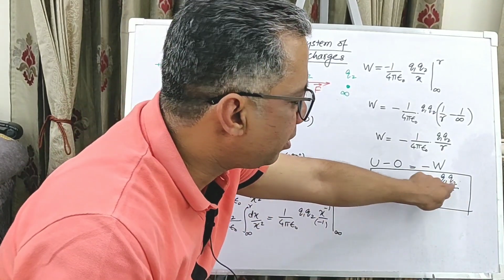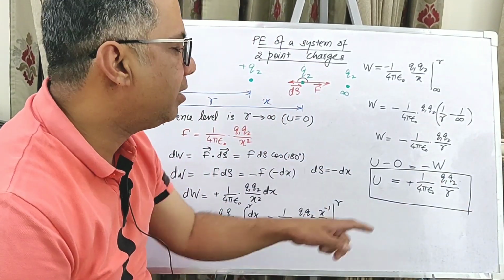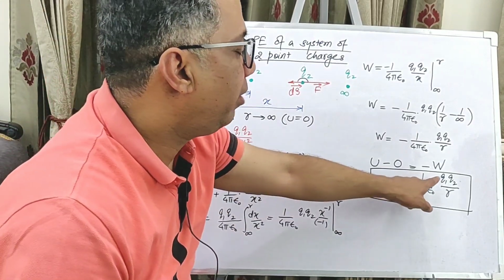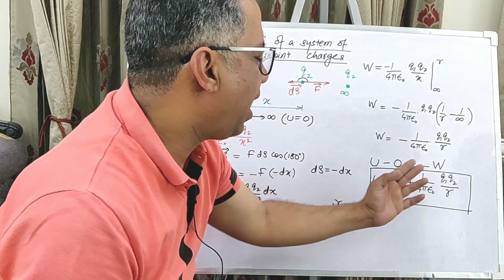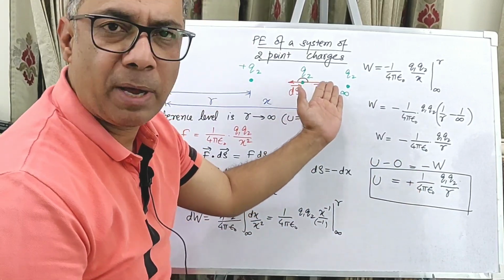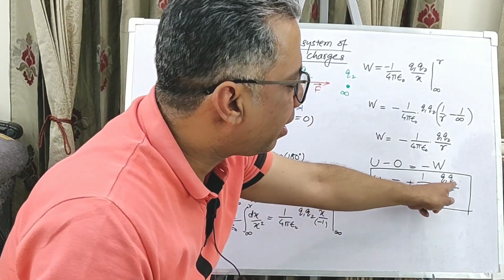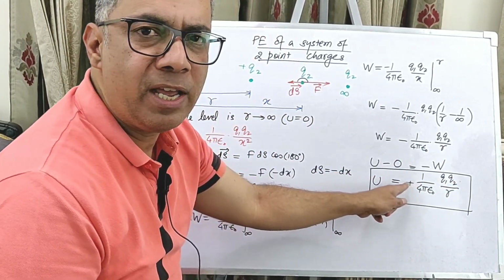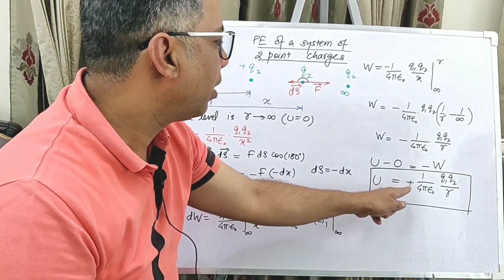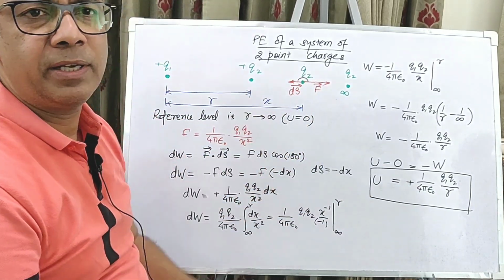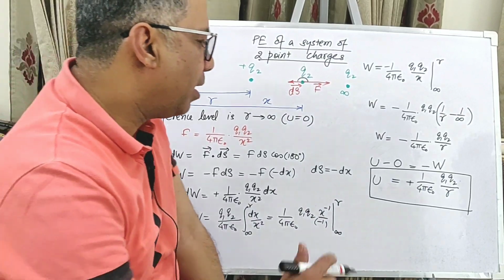Now, if you substitute these charges with their proper signs in this expression, if they are both like charges, you will have a positive value, which happens with repulsion. And if they are unlike charges, you will end up with a negative value of potential energy, which is what will happen because of attraction.